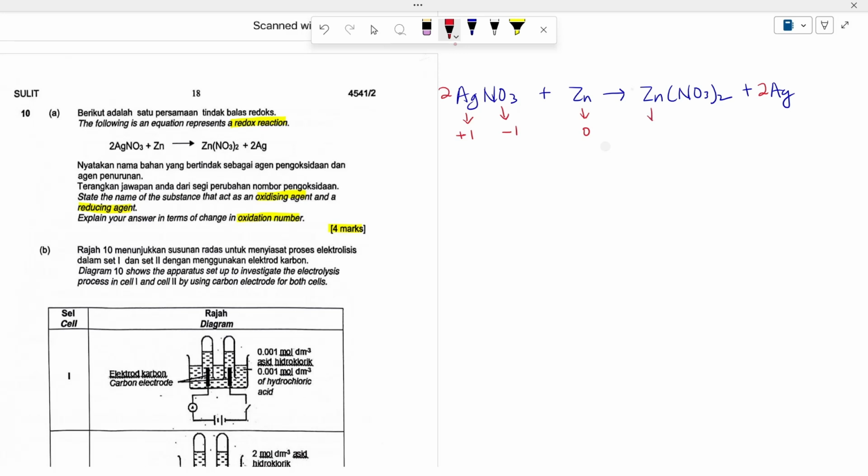In zinc nitrate, zinc becomes a zinc ion, positive 2, nitrate negative 1, and silver becomes 0. Based on the change in oxidation number, silver changed from positive 1 to 0, a decrease in oxidation number, so it undergoes reduction. Reduction means it becomes the oxidizing agent.